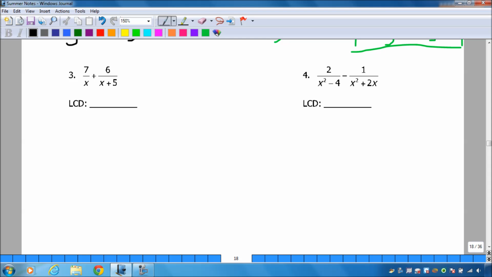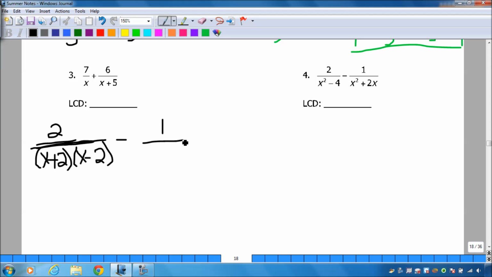So in question number 4, I'm going to rewrite each fraction with a factored denominator. The first fraction is going to be 2 over x plus 2 times x minus 2, okay? And then the second fraction is going to be 1 over, there's a GCF, so I'm going to factor out the GCF.